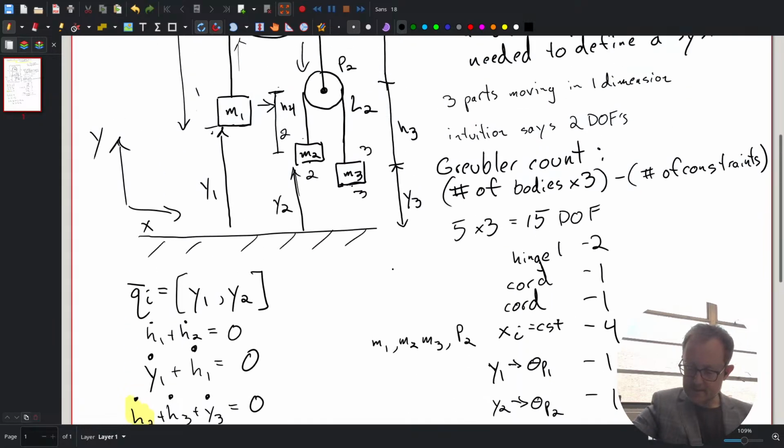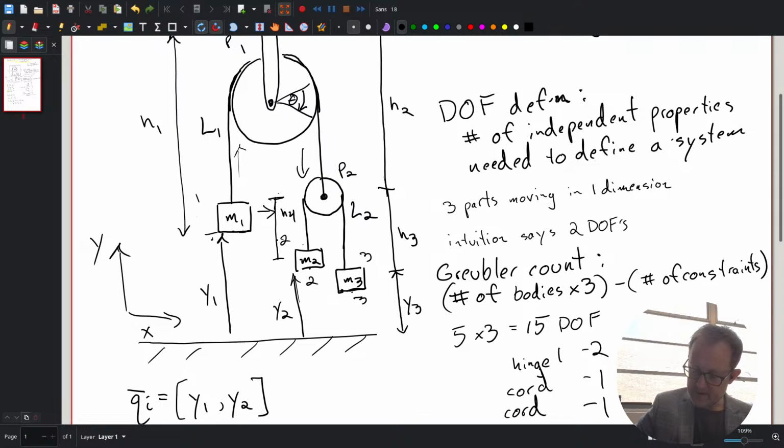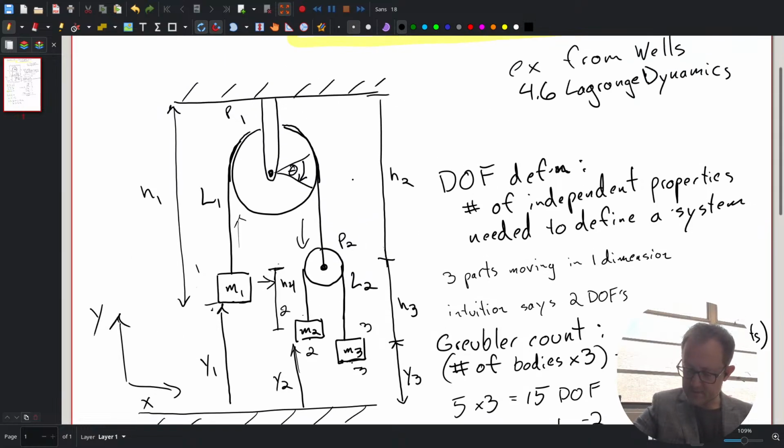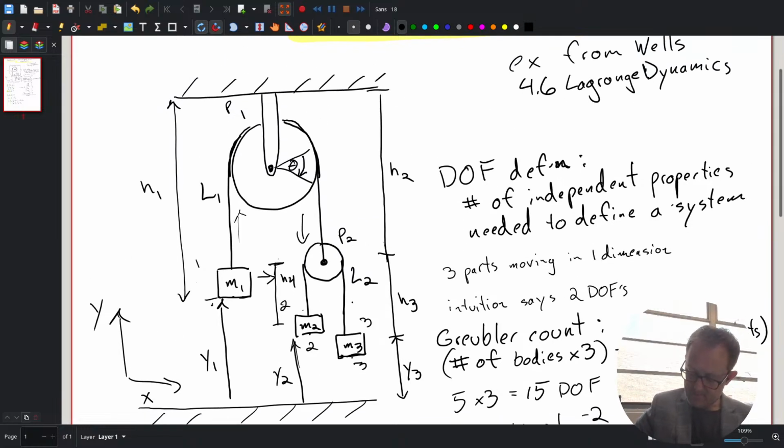H4 minus H3 dot. But those are not directly connected to Y1. H1 plus H2 is a constant.